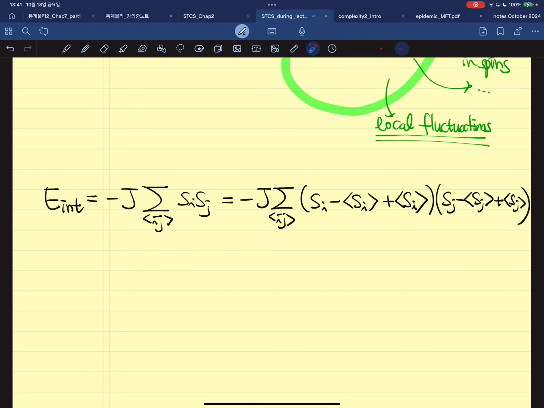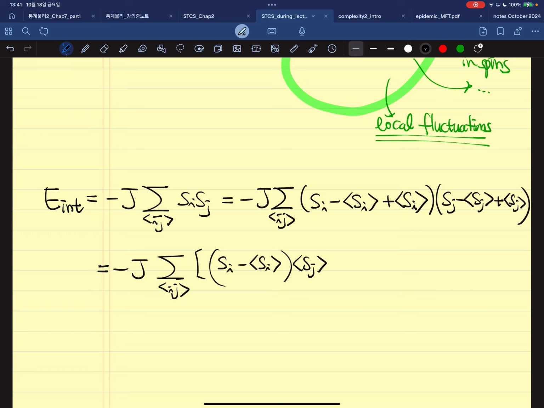Then you arrange the terms like this: Si minus averaged Si, times averaged Sj, plus Sj minus averaged Sj, times Si. And the remaining term is composed of plus averaged Si times averaged Sj.